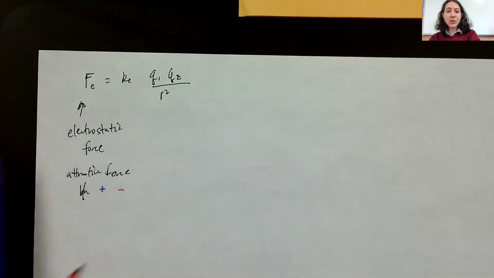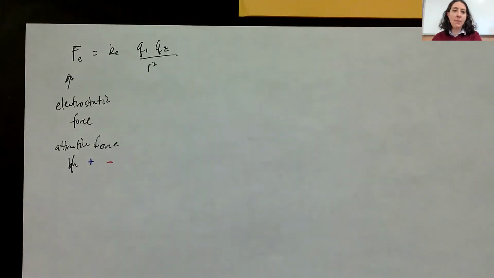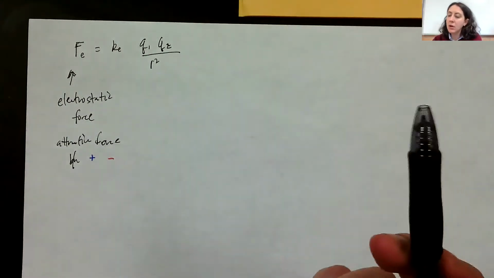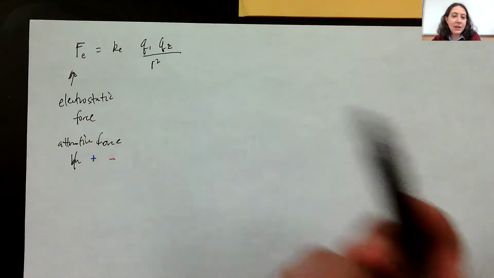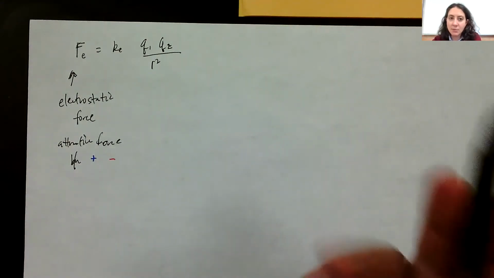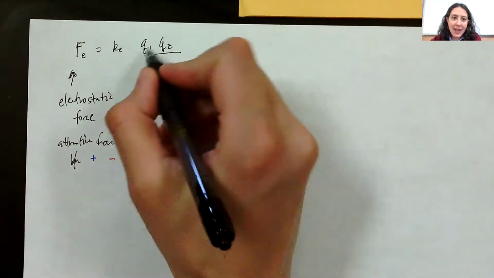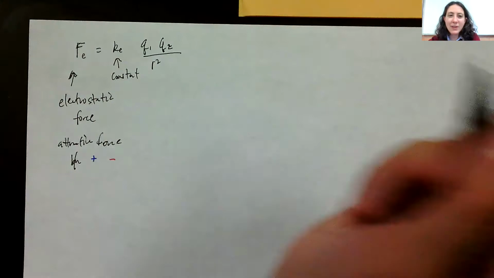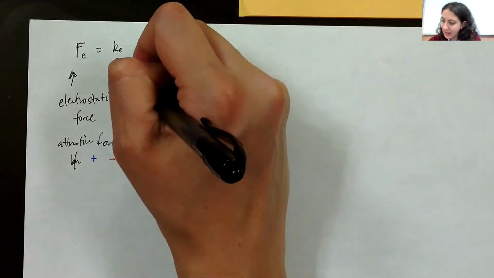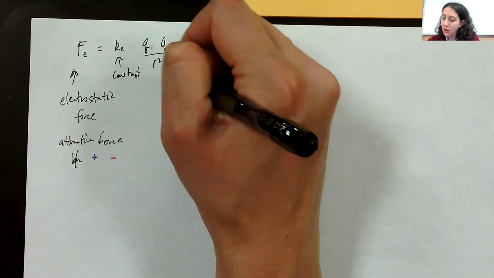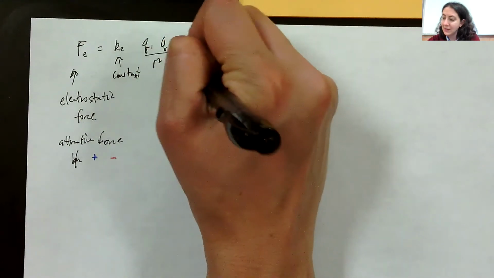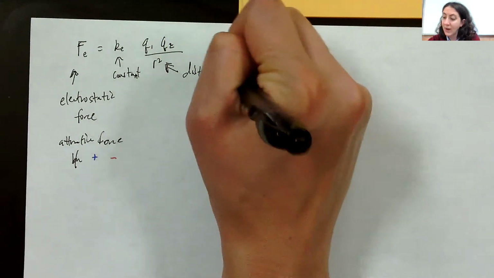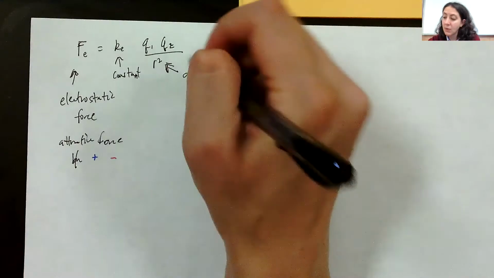This equation works for all positively and negatively charged particles or objects, but for our purposes, we're mostly going to think about electrons and protons, obviously. K here is a constant, so we're not really going to worry about that too much. R is distance or radius, but really it's distance.